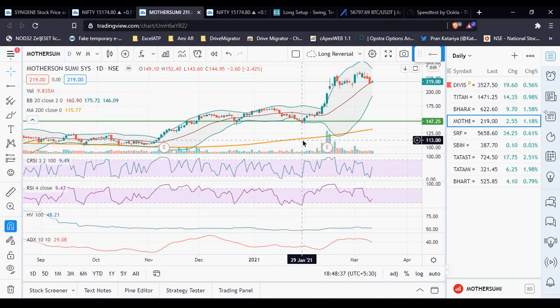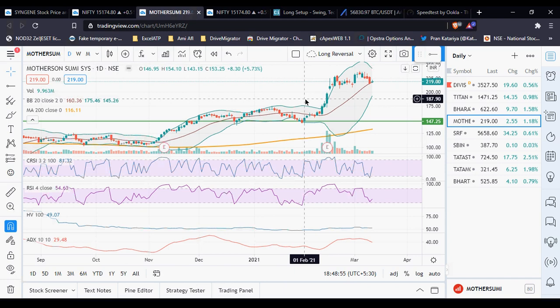So on 29th January we have a red candle piercing the lower Bollinger Band with the CRSI below 15 and RSI 4 below 20. It's trading above the 200 moving average.